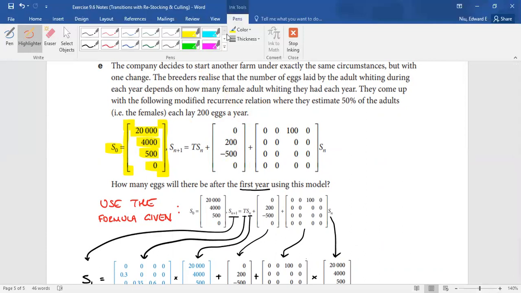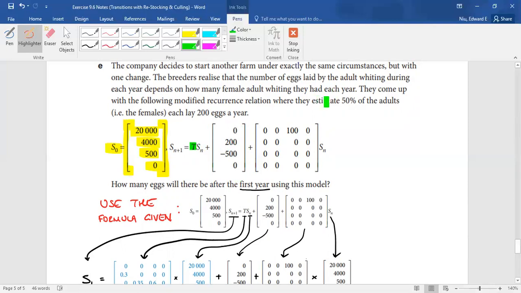And to do this, what they give us is this formula of sorts. So here we still have the transition matrix. Okay, here we still have the SN that changes year after year, but then we've got this sort of situation. So this business here, they're not going to buy any more new eggs.